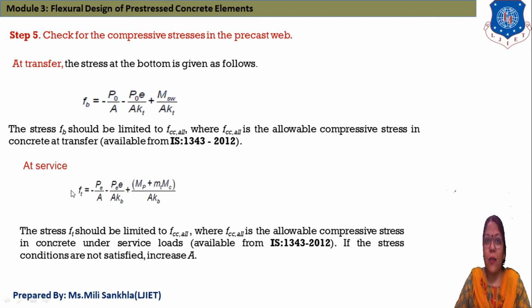At service, again at the top zone FT is minus PE by A minus PE E by AKA and bottom zone KB, then MP plus MT MC divided by AKB, and again the stress FT should be limited to FCC all, where FCC all is the allowable compressive stress in our prestressed concrete member, given in IS 1343:2012.